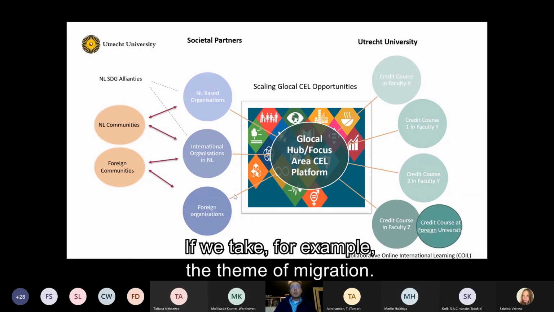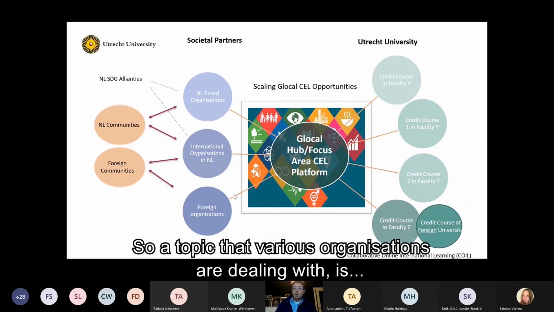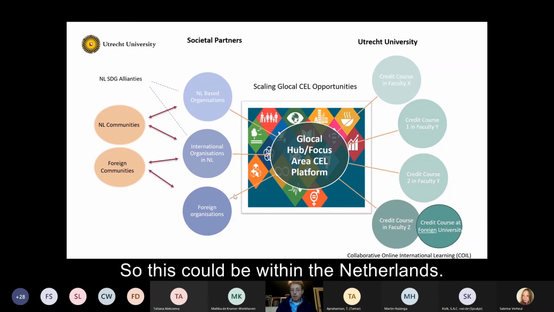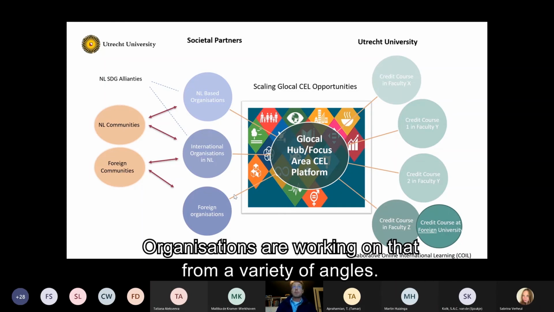But if we take, for example, the theme of migration, a topic that various organizations are dealing with is integration of migrants in receiving communities. This could be within the Netherlands.